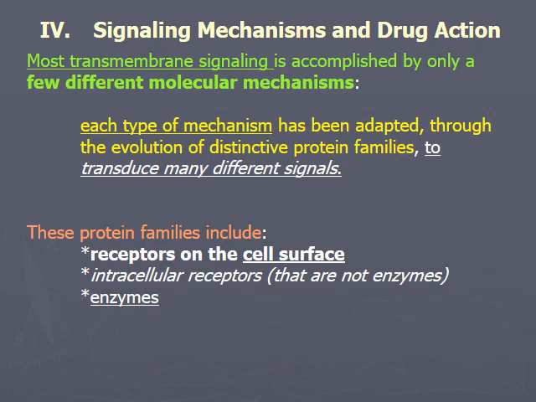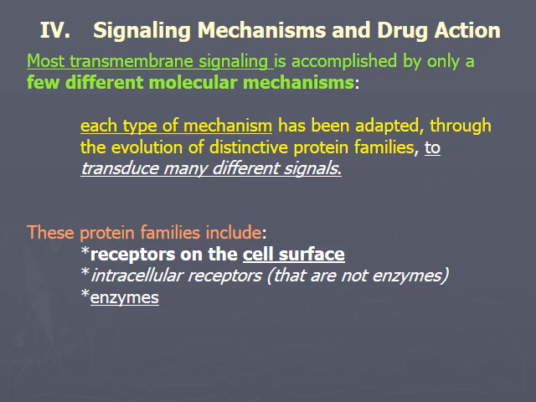And so, even though there are multiple types of possible ligands, there's really only a handful of mechanisms by which they can work. And that's kind of humbling. If you think about it, hundreds of possible drugs, but really only a handful of receptor-mediated responses.